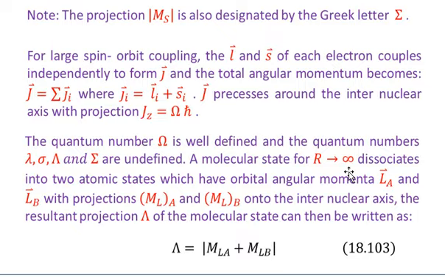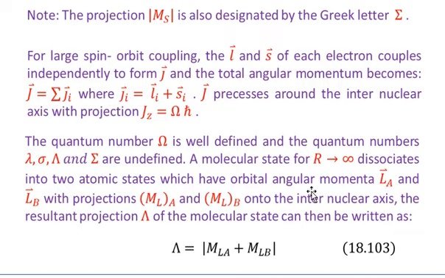Consider a molecular state for R going to infinity, under which the molecular state dissociates into two atomic states which have orbital angular momentum La and Lb with the projections MLA and MLB on the internuclear axis. The resultant projection, capital lambda, of the molecular state can then be written under the condition that R goes to infinity.